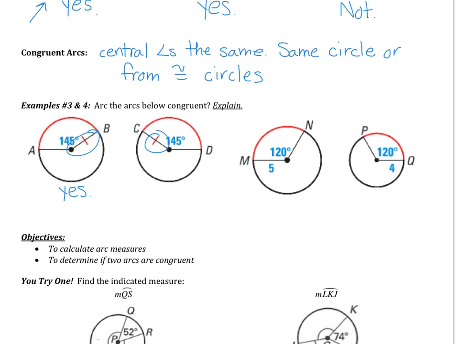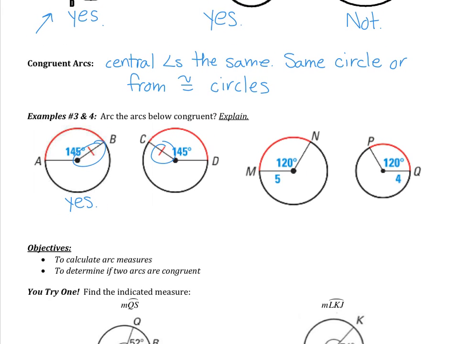And my explanation would be that I have two congruent circles and two congruent central angles.